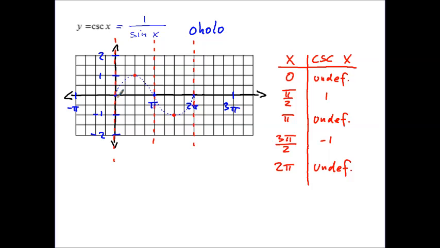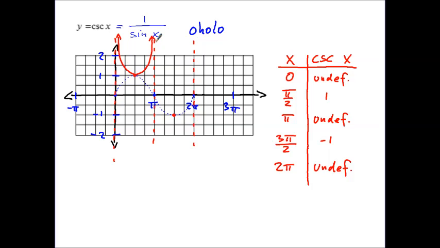So if we take the reciprocal of those values, as the values get smaller, 1 over those values gets larger and larger and larger. And as we know, it can't reach 0, so that's why we have the asymptote. That means that our cosecant curve will go up and get closer and closer to the asymptote. And the same will also happen to the other side towards the other asymptote.